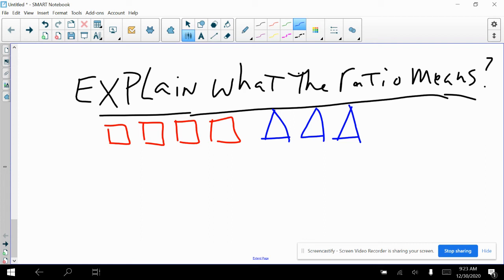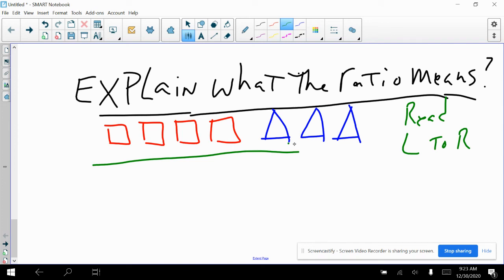So you might ask yourself, which one comes first, the squares or the triangles? Well, as we said earlier, we read left to right, right? So the squares are coming first.